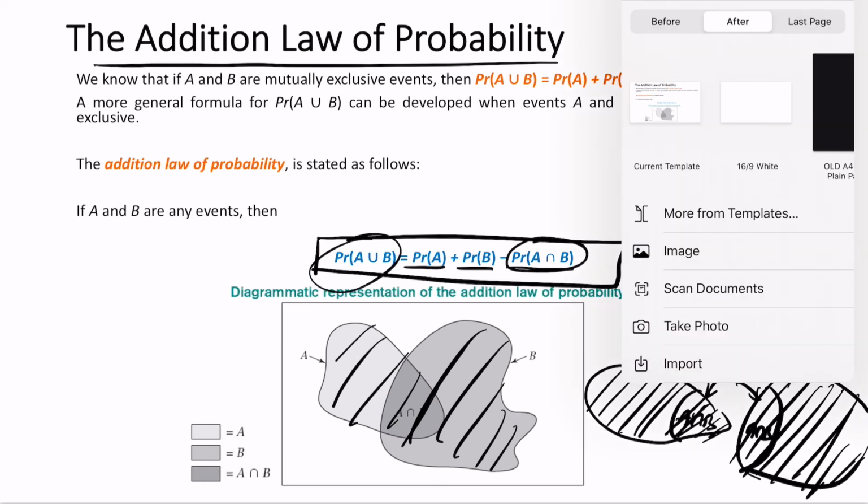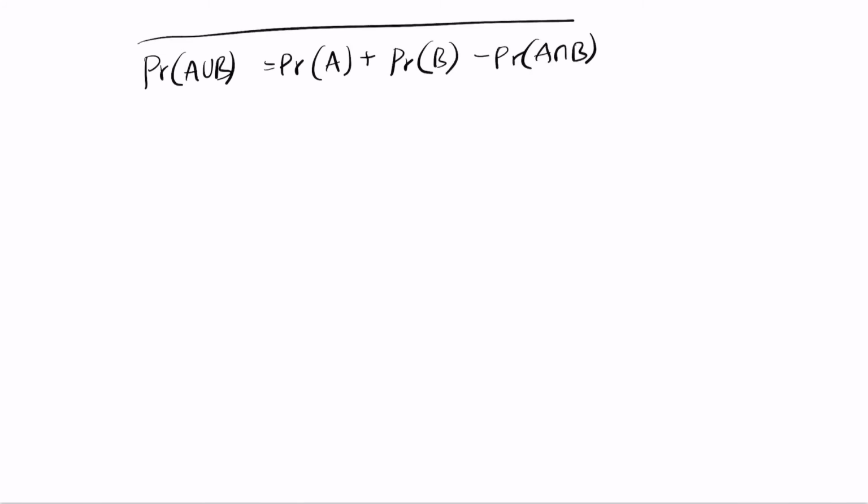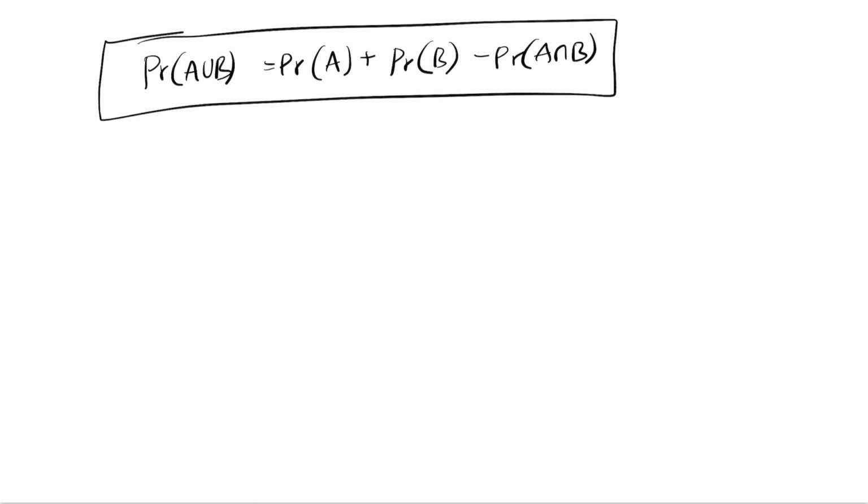So the addition law states that the probability of A union B is the probability of event A plus the probability of event B minus the probability of A intersection B. This is for non-mutually exclusive events. Now let's talk about each special case. First, let's say we have mutually exclusive events.